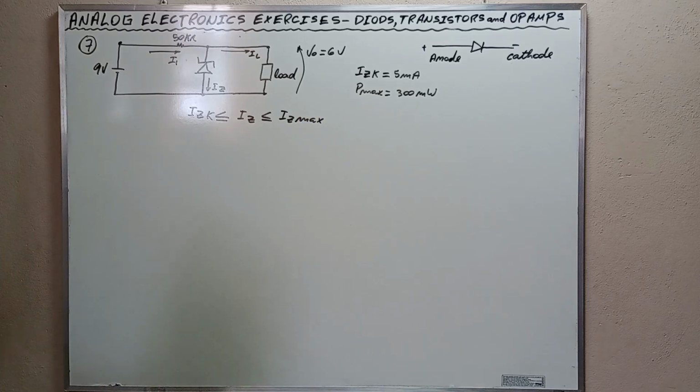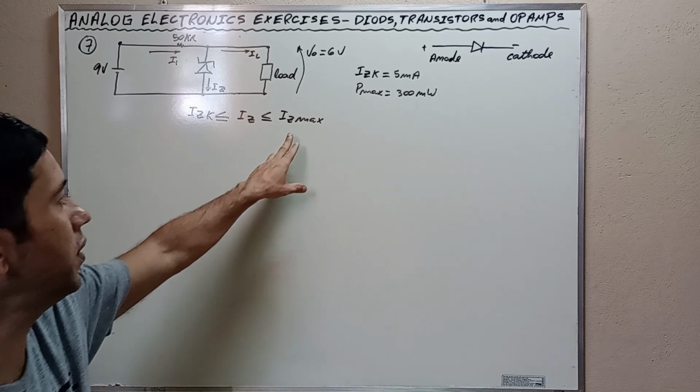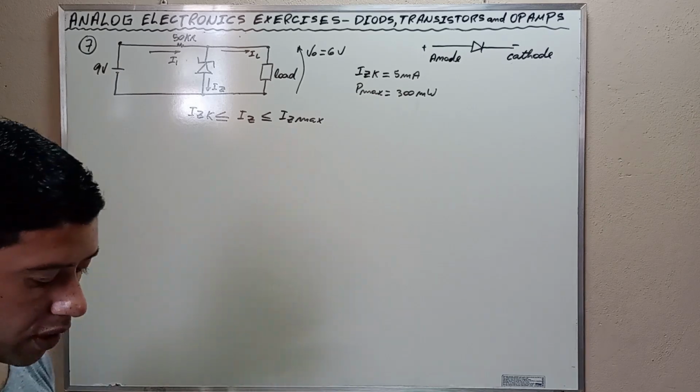IZK is the minimum current to maintain breakdown, and IZ max is the maximum current before burning the diode. We don't want to burn the device, so there is a limit, and this limit is the maximum current.